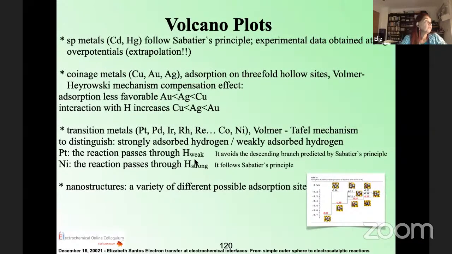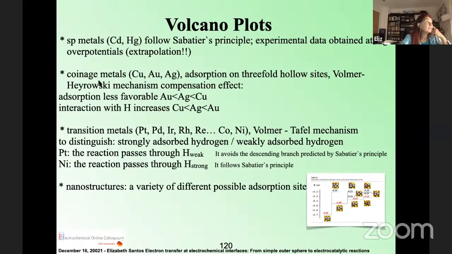That means when we have this volcano plot, in the case of sp metals we can apply the Sabatier principle. It's good, but the problem with these metals is that they are very much less active, so in order to obtain the exchange current we have to extrapolate from far away in potential, and then the experimental error is high.